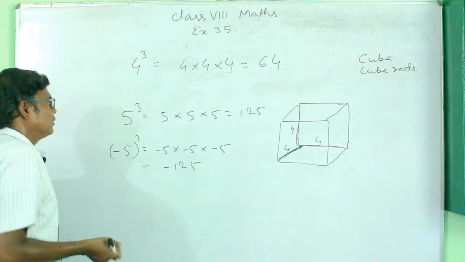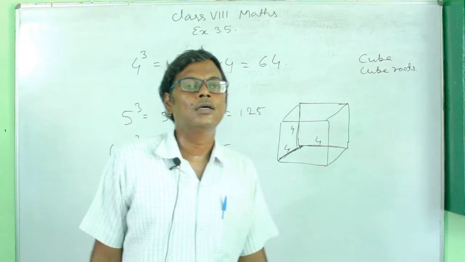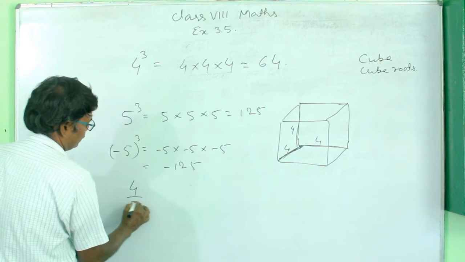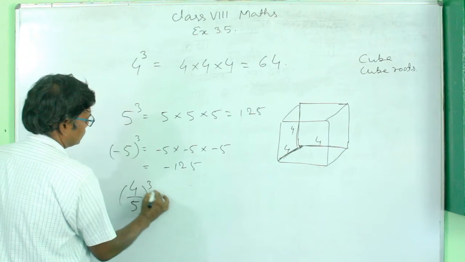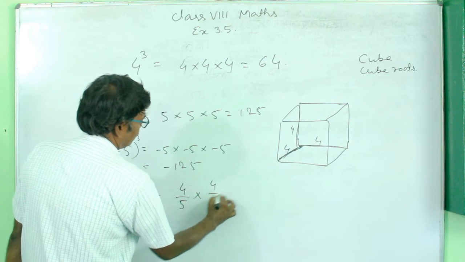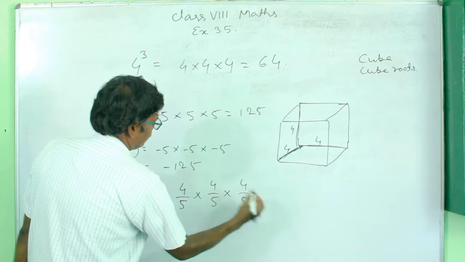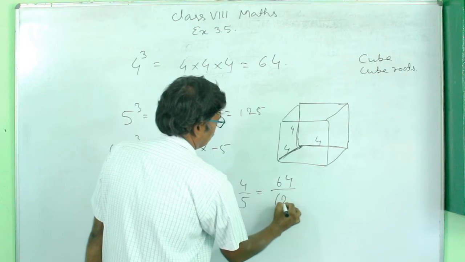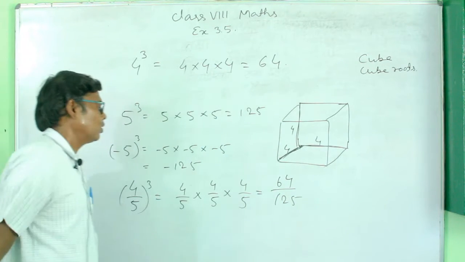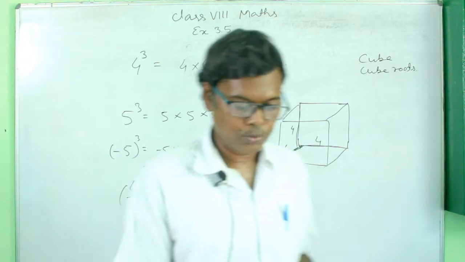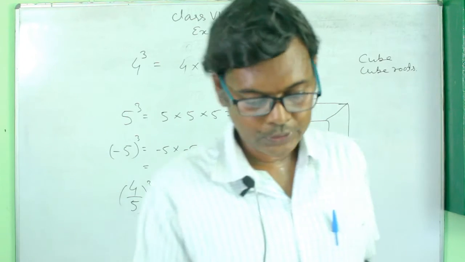And if you have a rational number, for example 4 by 5, then its cube will be 4 by 5 into 4 by 5 into 4 by 5, that is 64 by 125. So this is the cube of a rational number. In this way you can find the cube of any number.